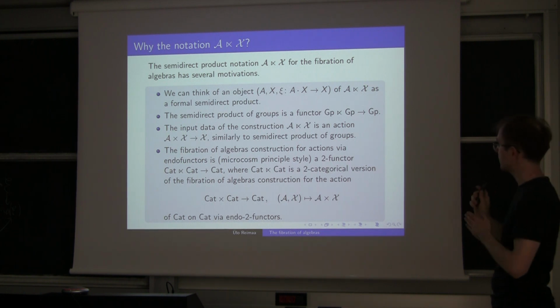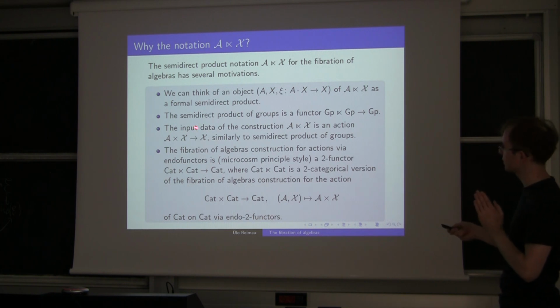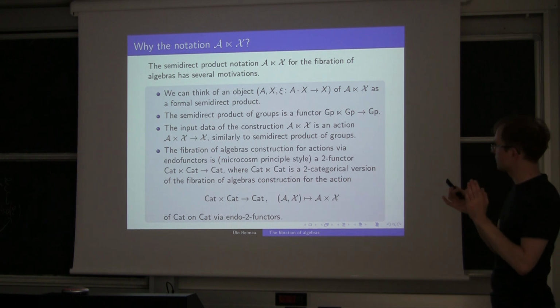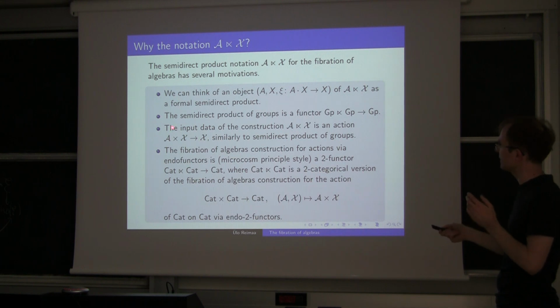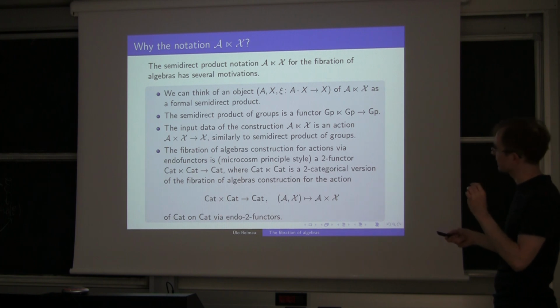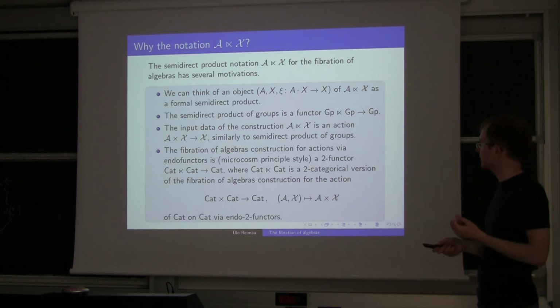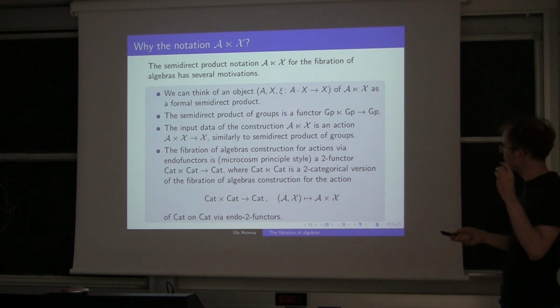So if you want to look at this fibration of algebras construction as being parameterized by A and X, then we need to consider how this parametricity interacts with these actions. So it is parameterized, yes, in a certain sense, and yes, for natural transformations we can make it parametric, but it needs care.